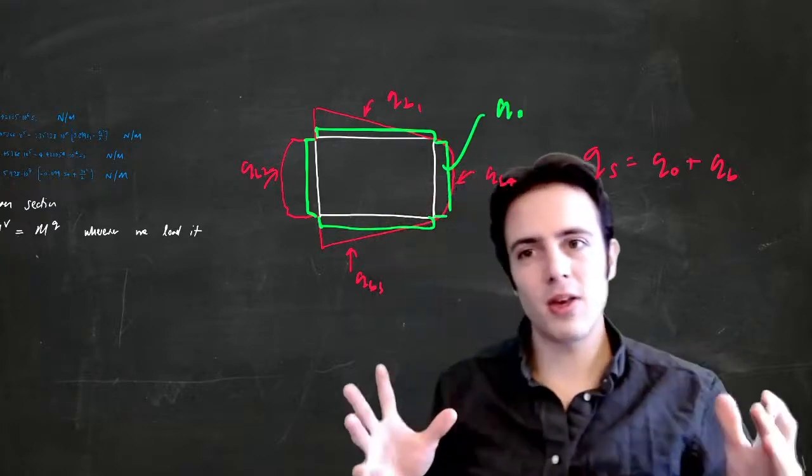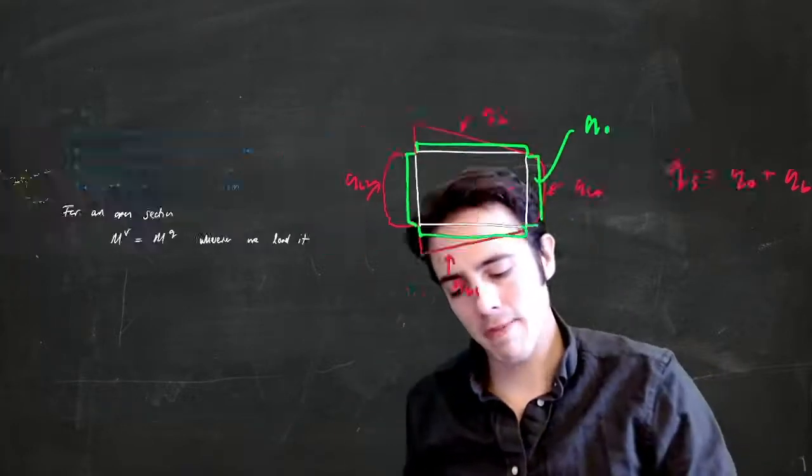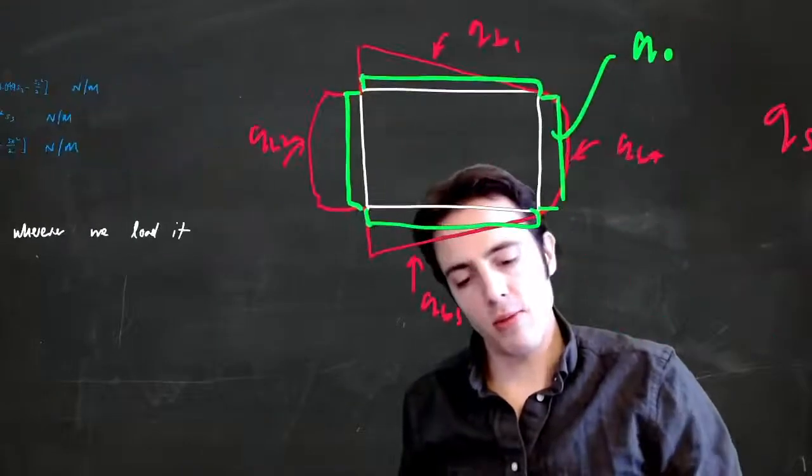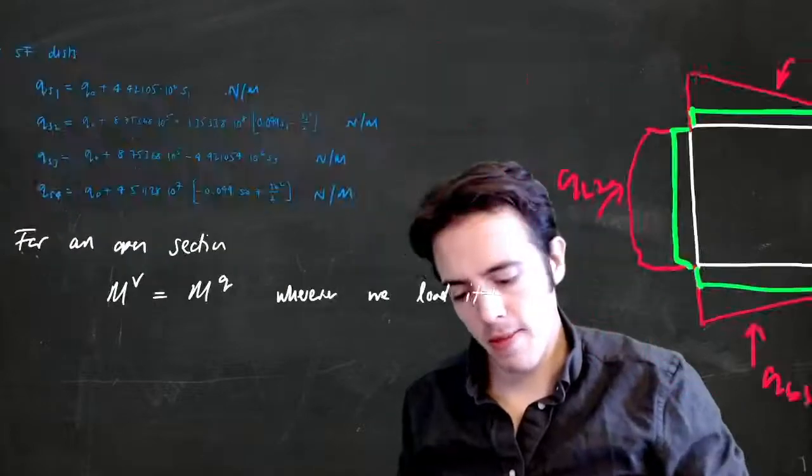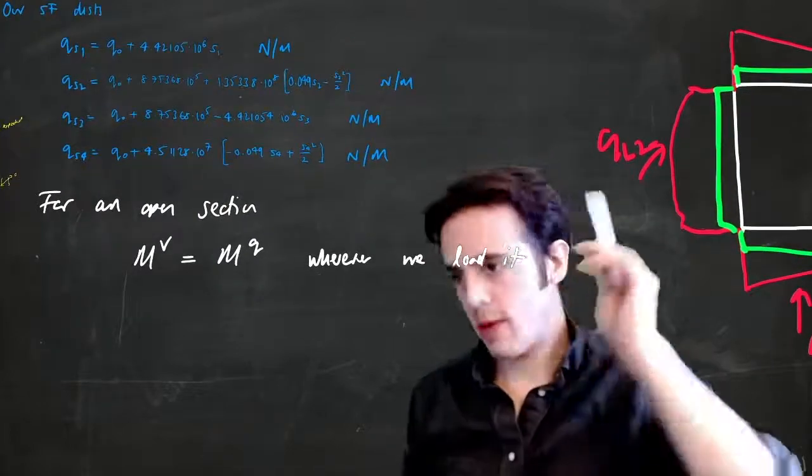But for our purposes, we know that Q0 should be a negative number to help us, okay? Because that will enable the direction of the shear flows to be correct. And we spoke about that at the start of the problem. So this is going to be what's going to help us solve it.